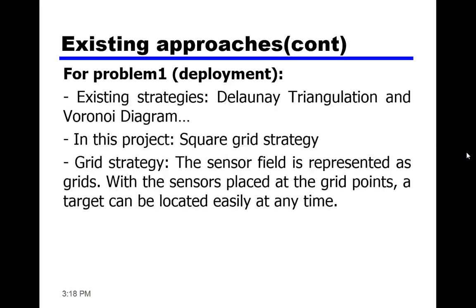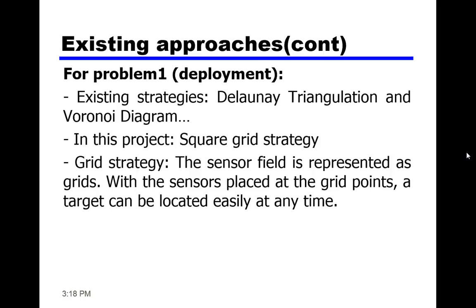For problem 1, there are several strategies for deployment, and in my project I use a square grid strategy. The sensor field is represented as grids in this strategy, with the sensors placed at the grid points.